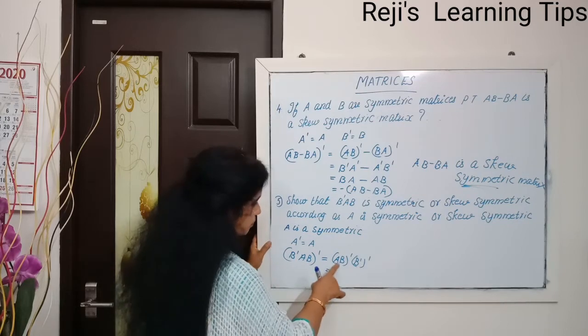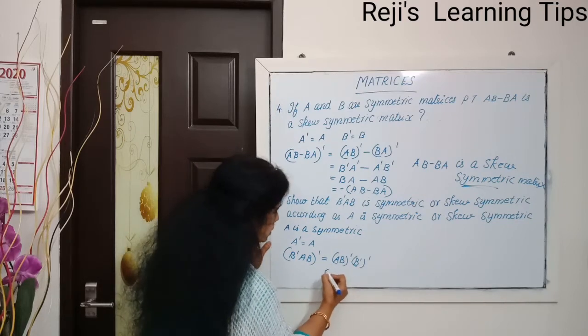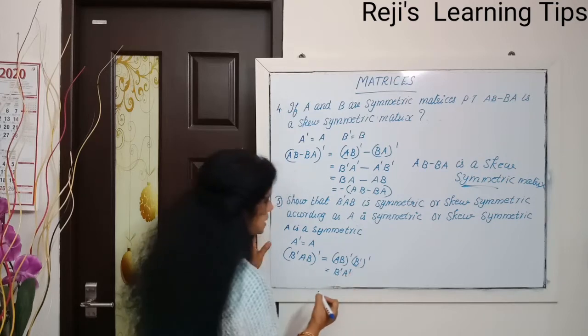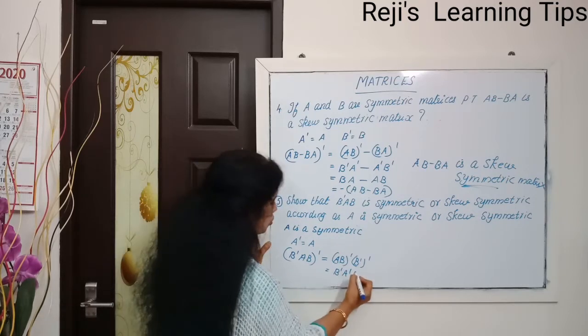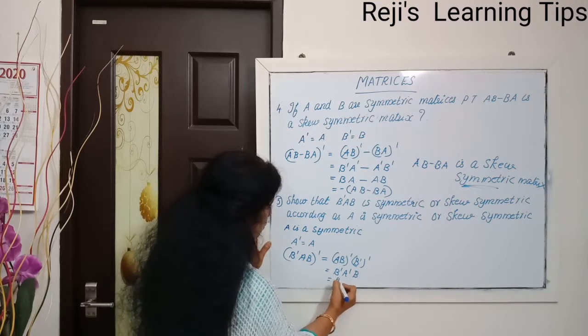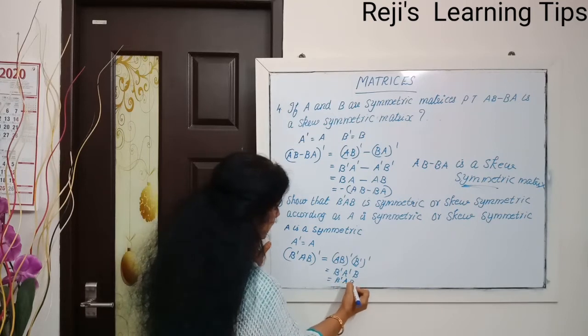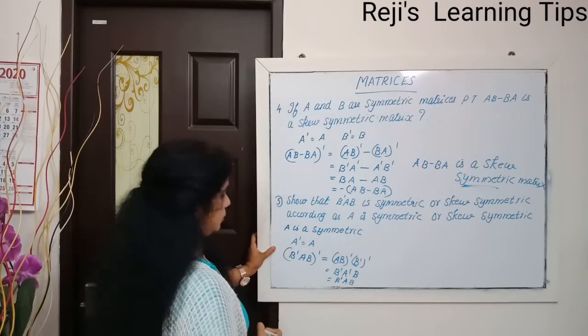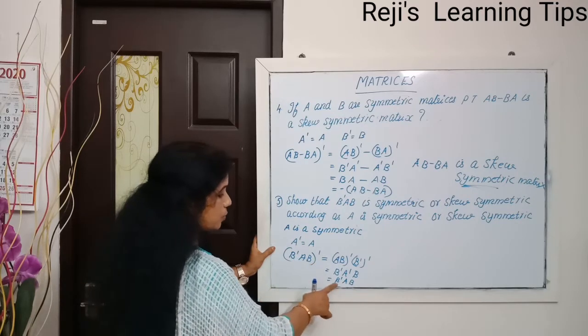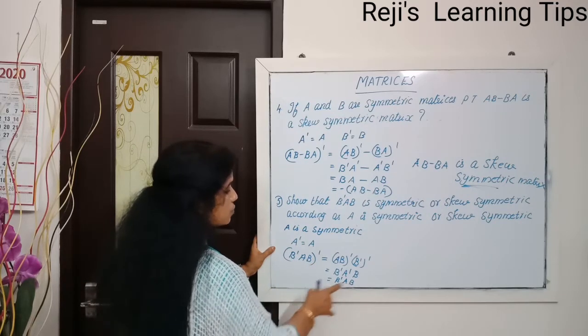That is, (AB) transpose is equal to B transpose into A transpose, then (B transpose) the whole transpose is equal to B. Since A transpose is equal to A, we get B transpose AB. So (B transpose AB) the whole transpose is equal to B transpose AB.